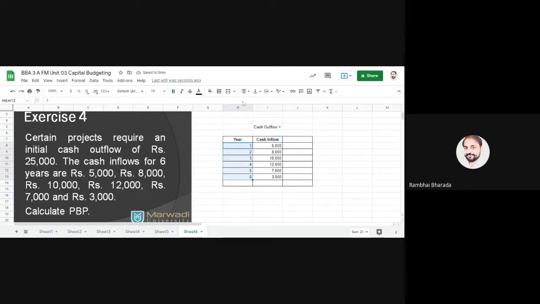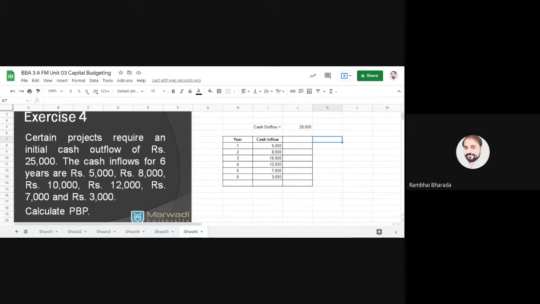So your data looks like this. Cash inflow is 20. Sorry, cash outflow is 25,000. Are we clear?